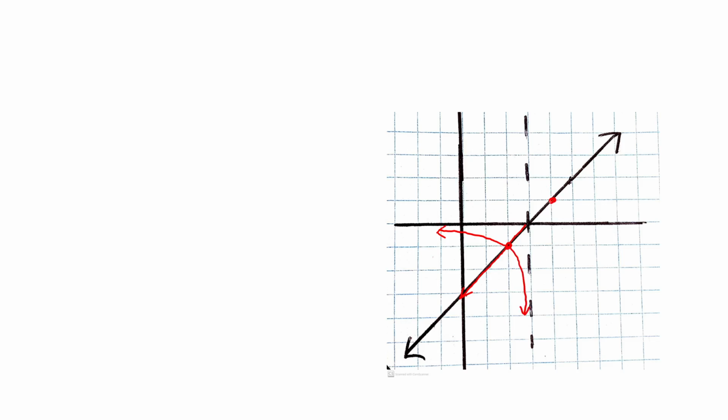Similarly, on the other side, as this function goes down to the left, our function will go up to the left, but not cross that vertical asymptote. And as the function goes up to the right, our function will go down to the right, not crossing the vertical asymptote. So our curve will be the red one that's drawn.